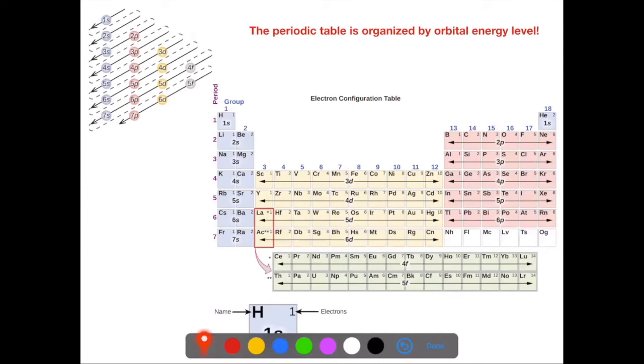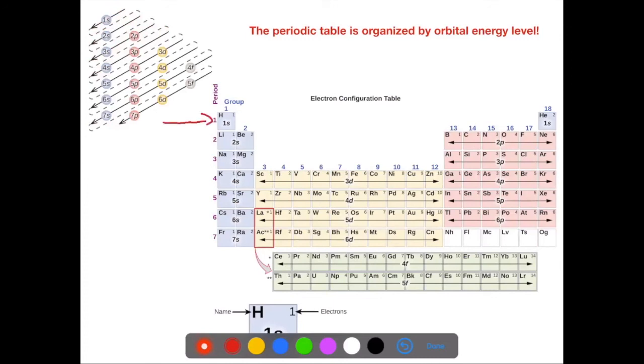What we can see in the first diagram is that this arrow tells you the orbital energy. You'd start filling the 1s, and then you go up and around to the 2s, up and around to the 2p, 3s, up and around to the 3p, 4s, and that would be lowest energy orbital to highest energy orbital, and so on.